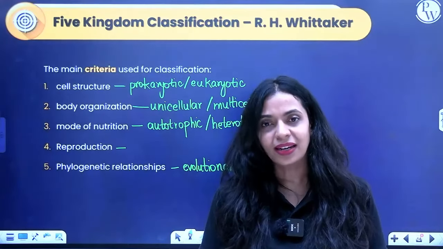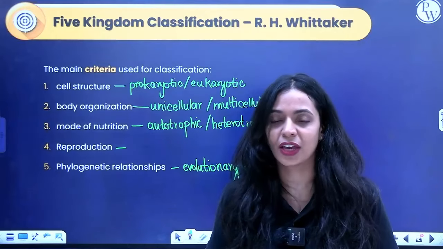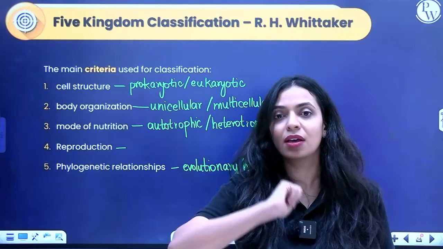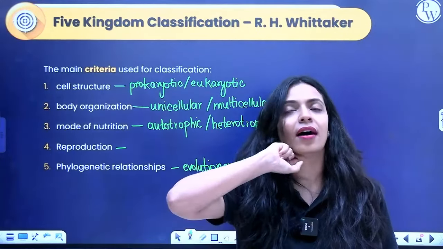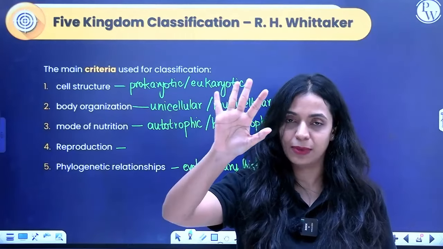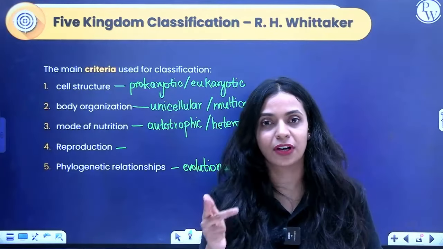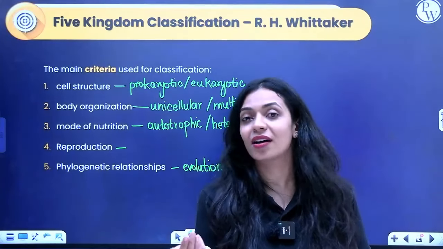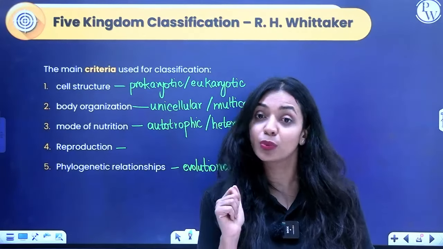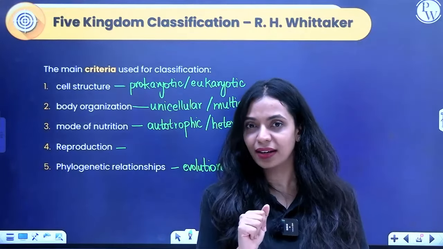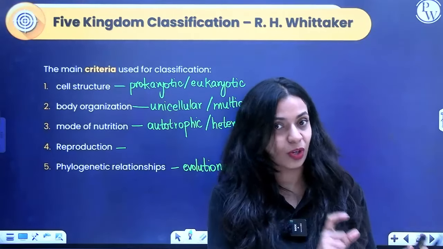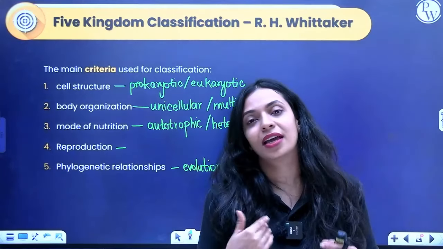Okay, so in R.H. Whittaker's five kingdom classification, you have five kingdoms: Monera, Protista, fungi, plantae, and animalia. Most people know the order as Monera, Protista, fungi, plantae, and animalia. But when they ask you in the three kingdom classification which was the additional kingdom that was added, people will think it's Monera because Monera comes first, but that's not the case. It was Protista.